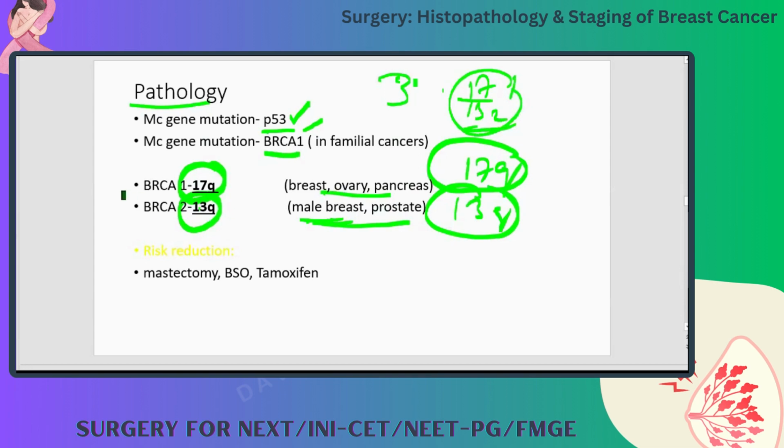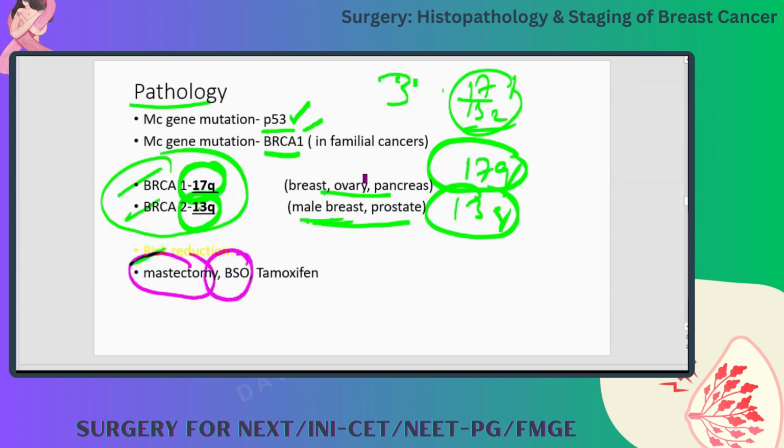If a patient is positive for these, then we can use risk reduction strategies. What can be done is we can do a bilateral mastectomy. We can remove the tissue so that in future she will not have the chance to develop malignancy. We can do a bilateral salpingo-oophorectomy because in the ovaries also there is a chance of malignancy.